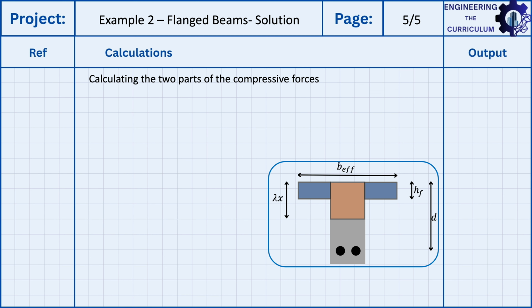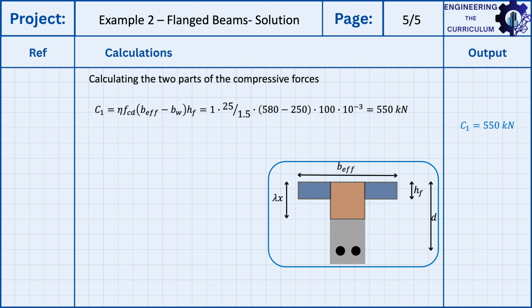And now we need to calculate the two parts of the compressive forces. C1, which is the bits of the flange, which I've coloured here in blue just to clarify, is eta times FCD times B effective minus BW, which essentially gives us the length of those two blue bits together, times HF, which gives us the height of those two blue rectangles.